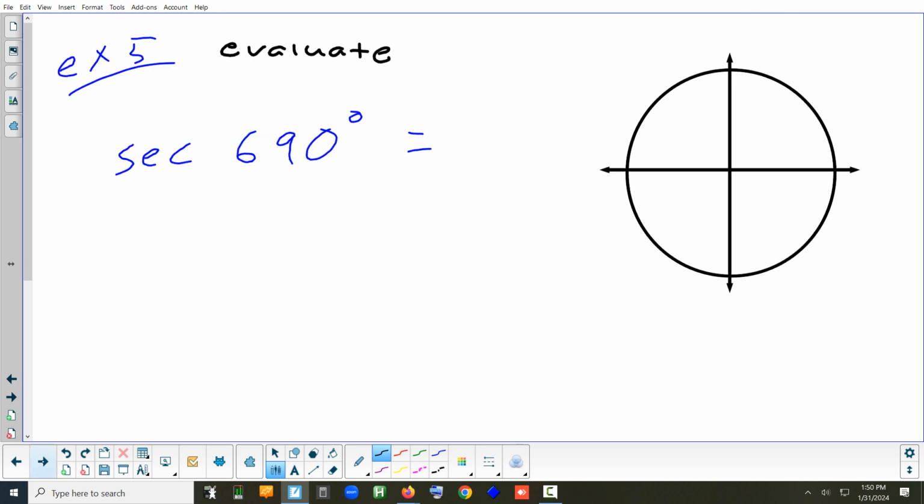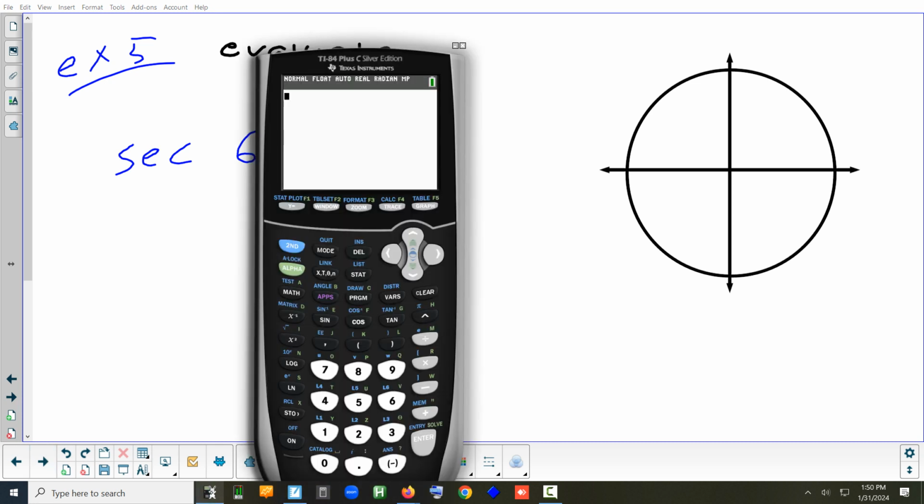All right, let's look at this one. Secant of 690. First thing is there's something I don't like about 690. It's larger than 360, so we never want to work with an angle larger than 360. What can we do to make it smaller?